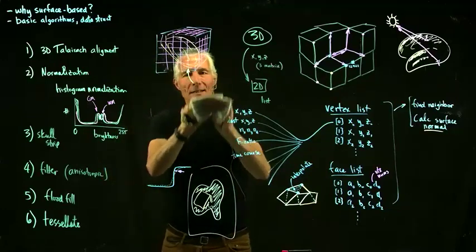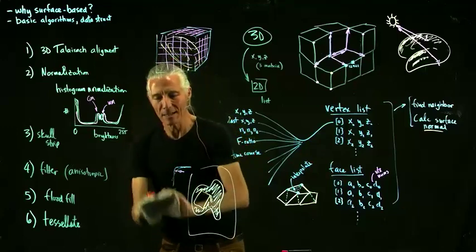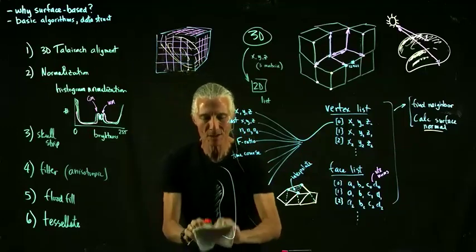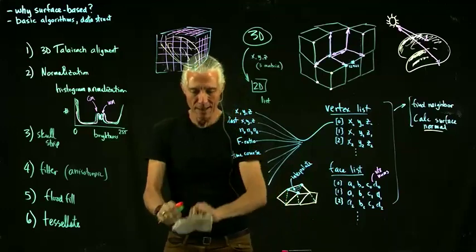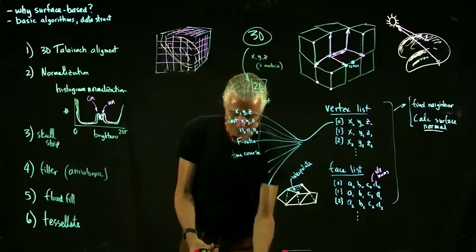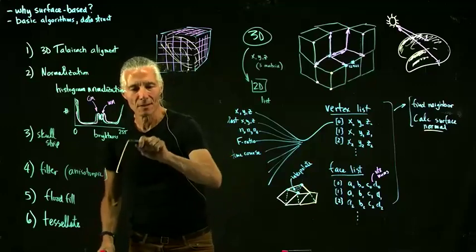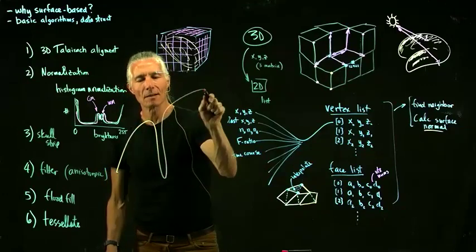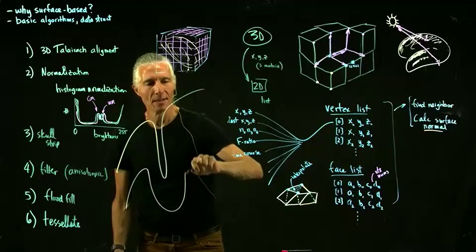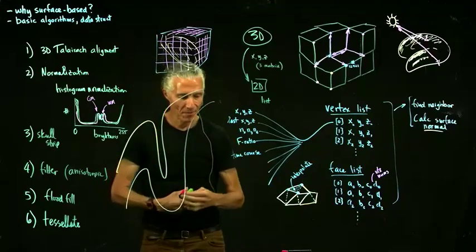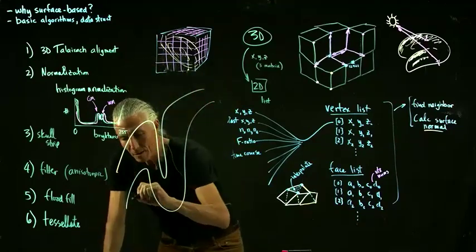And last but not least, how do you actually get data onto the surface even? That's a whole separate operation. So if we look at our reconstructed surface, so let's say we've reconstructed the gray-white matter surface.